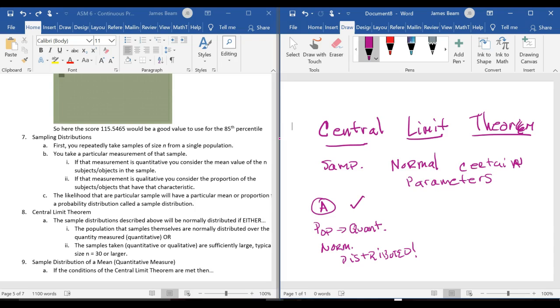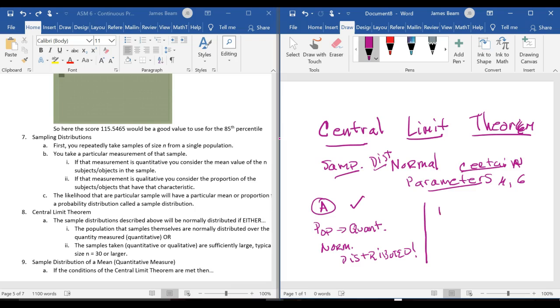Then we know that the sample distribution is going to be normally distributed with certain parameters for the mean and the standard deviation of the sample distribution.